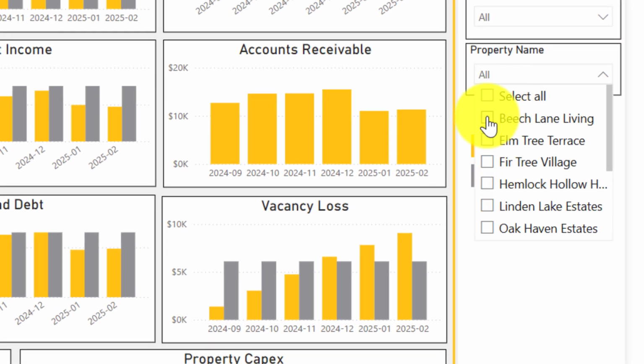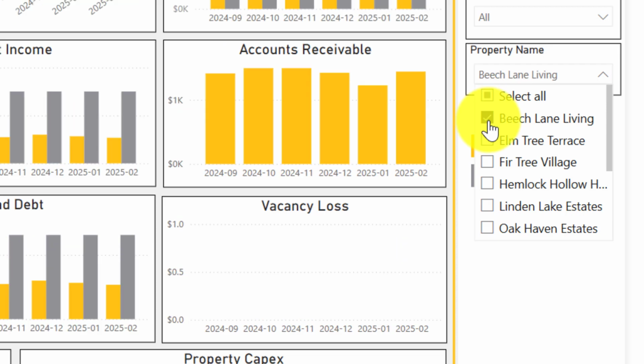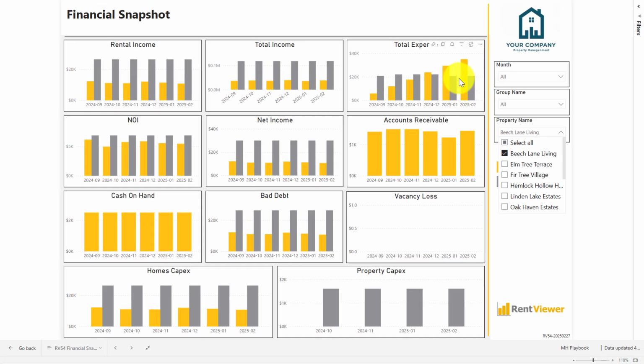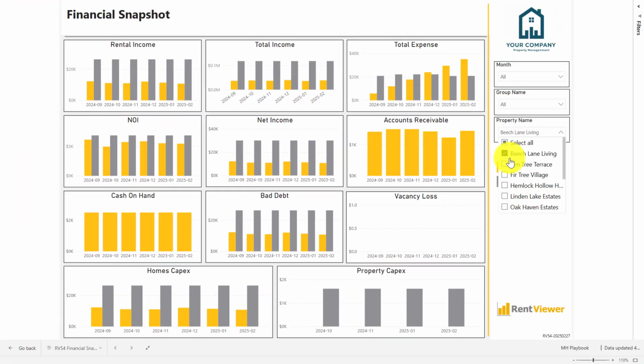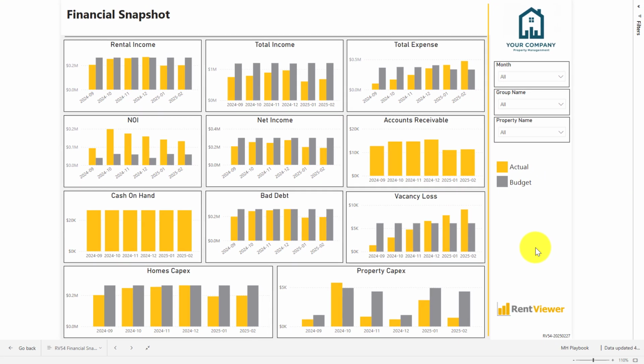I can narrow this down to specific properties and see which properties might be driving this. So for example, here I can see that the total expenses for this particular property have been much higher than what the budget was. This information is available on a month-by-month basis. And now I want to look over an extended period of time.